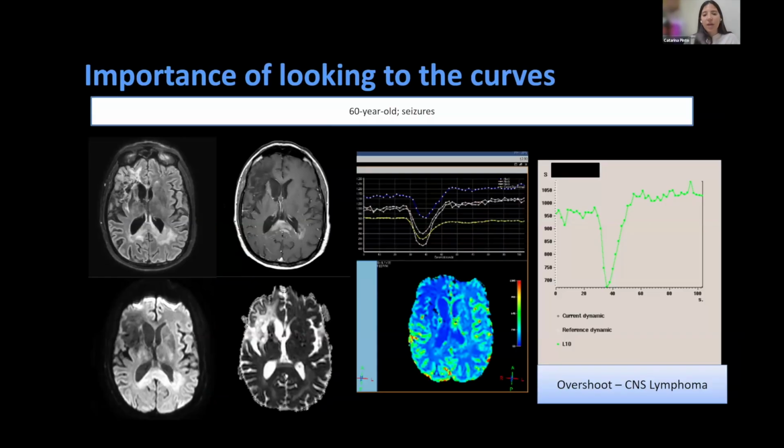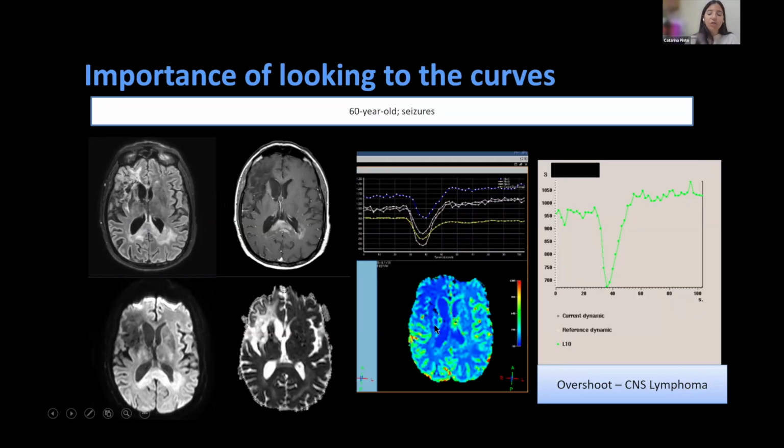This is a 60-year-old man with seizures. The seizures were because of these encephaloclastic lesions that were traumatic, but we also performed the MR and we were able to identify this lesion that is really infiltrative in the splenium of the corpus callosum with restricted diffusion and contrast enhancement.